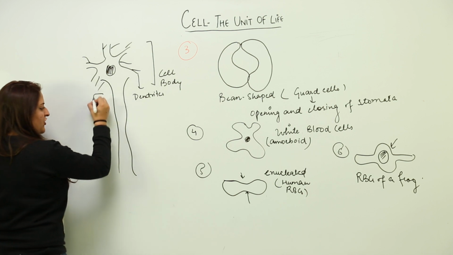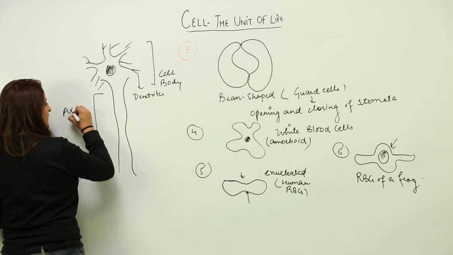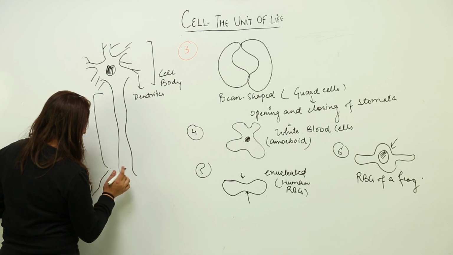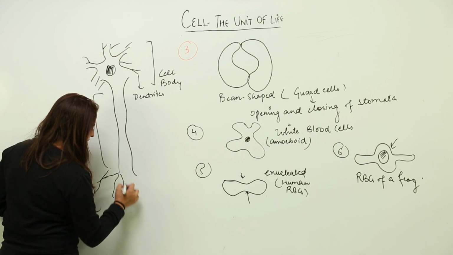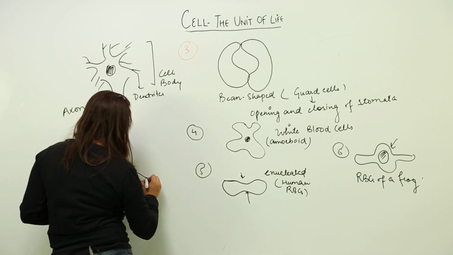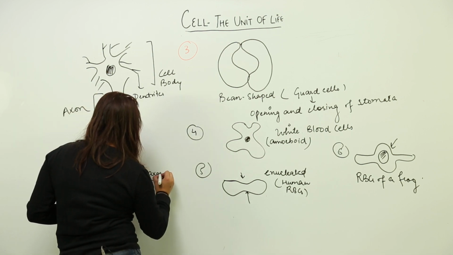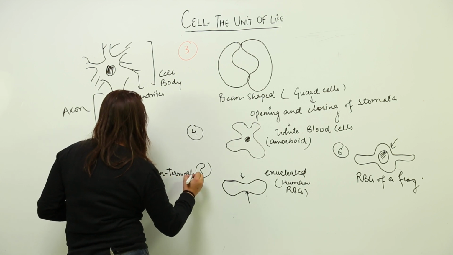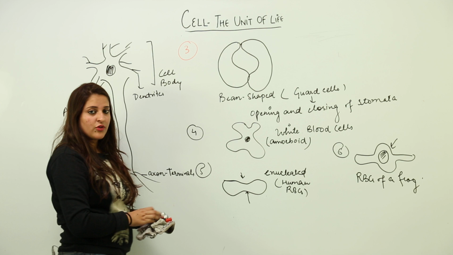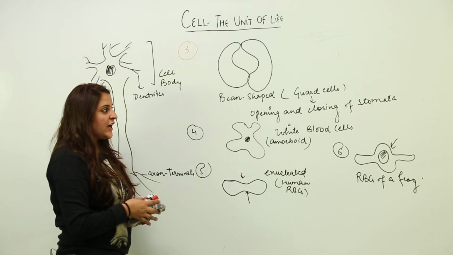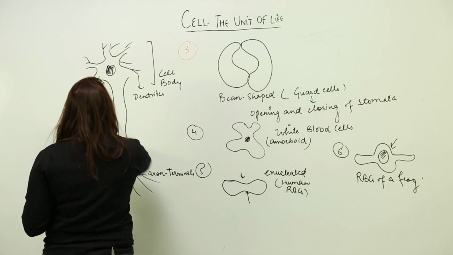This complete structure is known as the axon of a neuron, and these are the axon terminals which are involved in nerve conduction. So this is how the structure of a cell varies from one organism to another, and also from one organ to another. They are organ and tissue specific cells.